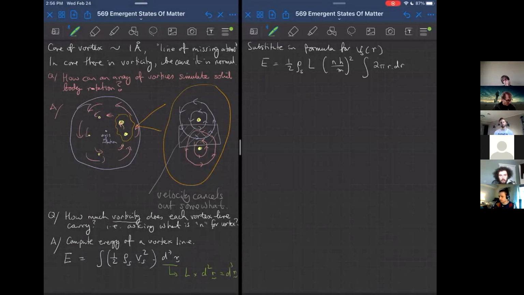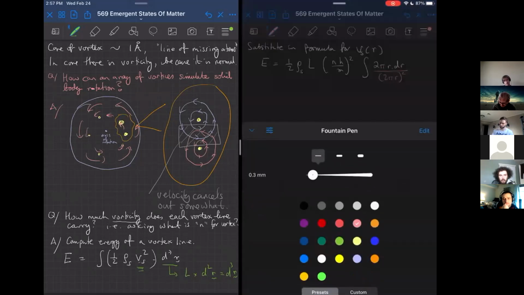So that's why we get 2 pi r dr. And then what do we have? The velocity goes like 1 over 2 pi r. And so I'm going to get 2 pi r squared, because I've got the velocity squared in the kinetic energy. Now I need to put some limits on this integral.